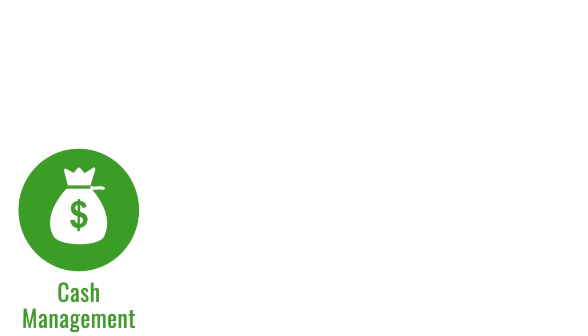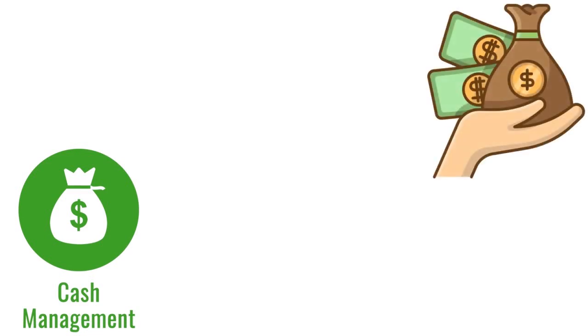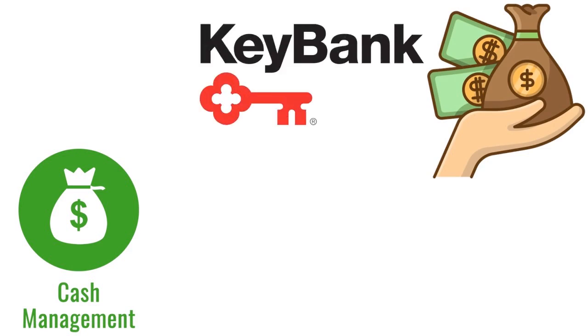But the thing is that here you have a monthly account analysis that summarizes your service charges and balance to calculate your earnings credit allowance. And this is kind of important. KeyBank uses this ECA as a credit to offset bank services excluding the write charges.